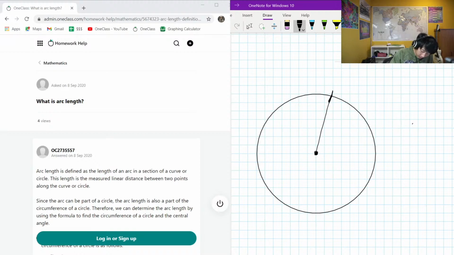Suppose that we have a situation like this. Here we have our angle. This distance from center to edge is going to be the radius. The arc length is going to be, in red pen, right there. So this is the arc length.